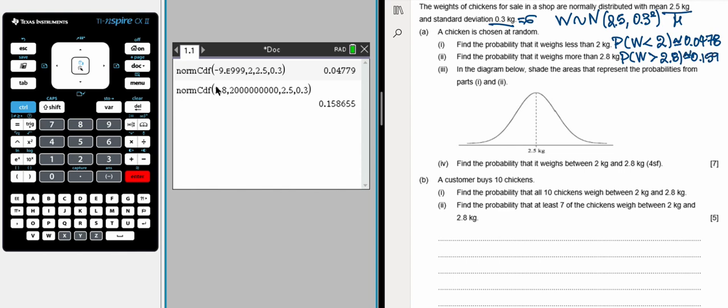In the diagram below, shade these areas to represent the probabilities. The one is smaller than 2. I can see the mean, which is the 2.5 kilograms. One standard deviation is 0.3, so I can sort of count in standard deviations, so that will be more or less the first standard deviation. So it's going to become 2.2, right?